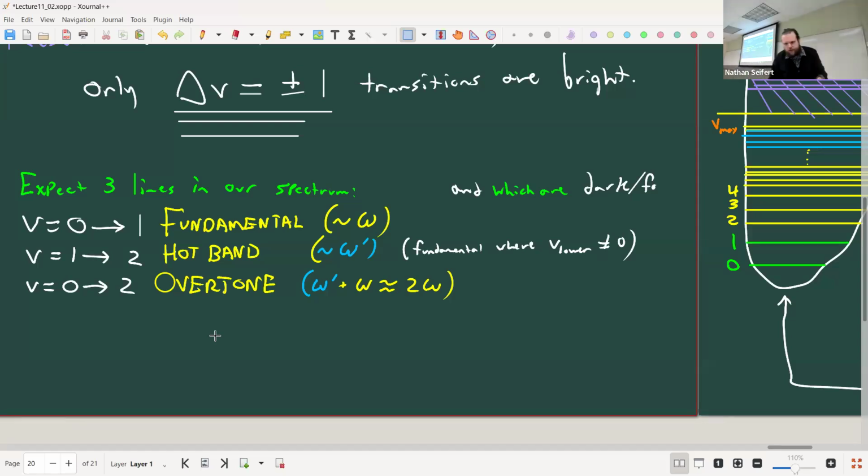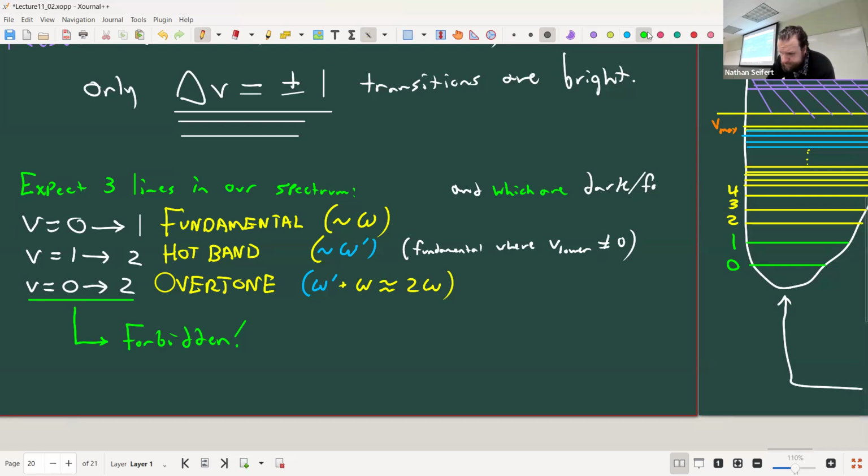Well, we already know that the V 0 to 2 has to be forbidden. Right, so this is forbidden. But the other two are allowed. So these are good, because delta V is changing by 1.